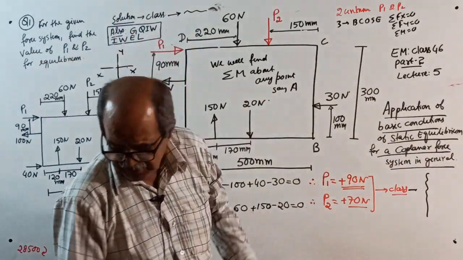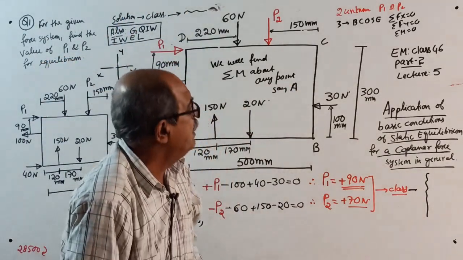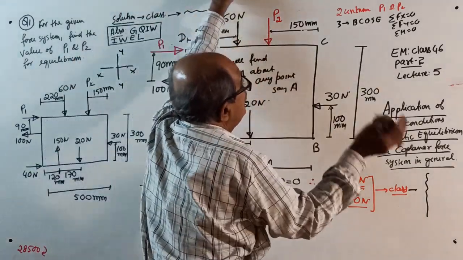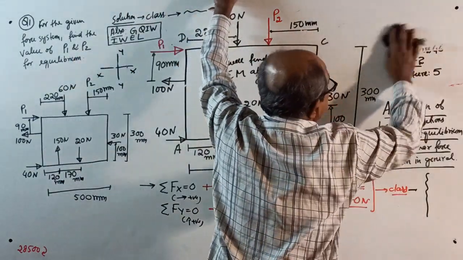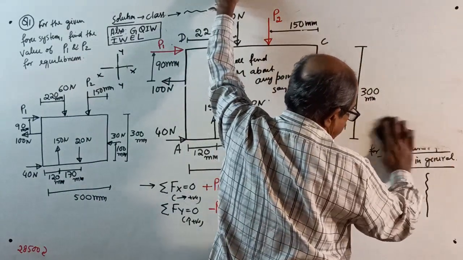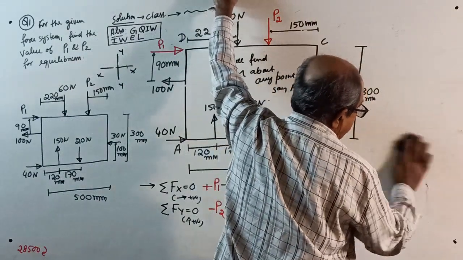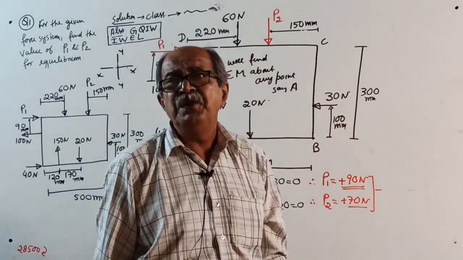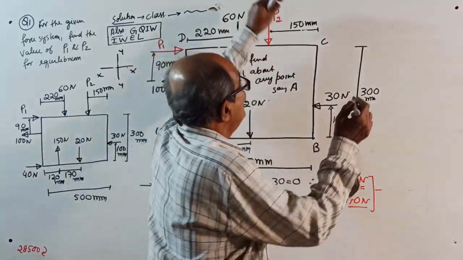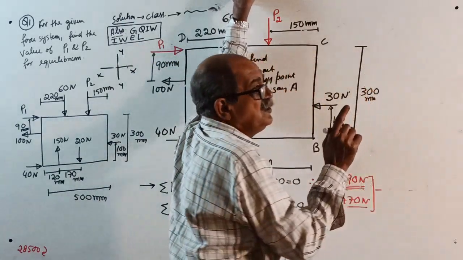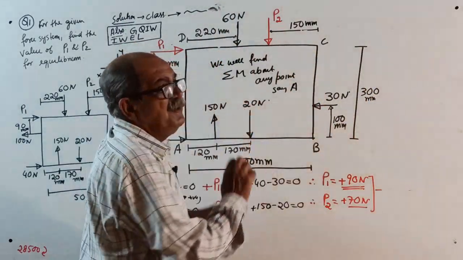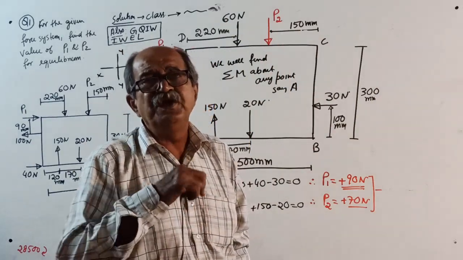By this time, you know the values of P1 and P2. Very important. They want the values of P1, P2 for equilibrium. Since they said it is for equilibrium, this force system should be in equilibrium. They have not said force equilibrium only.